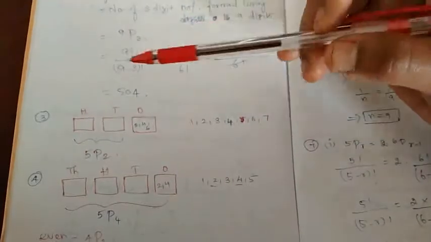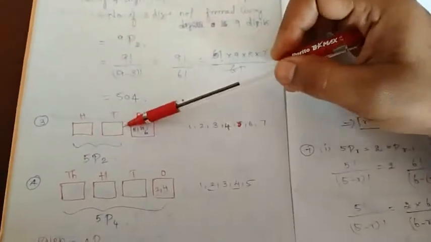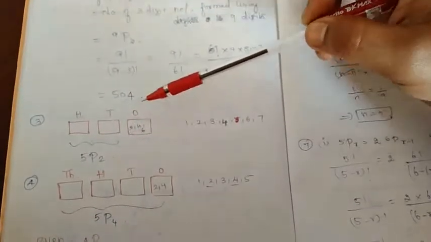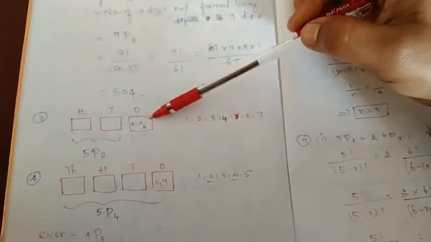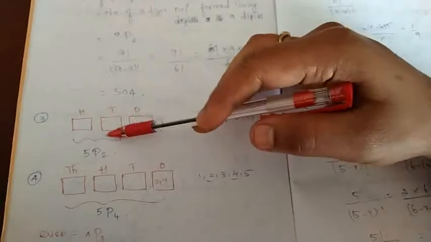And what is the possibility for the remaining 2 places? One place is fixed here, among these 3. Now out of the remaining 5, we have to choose only 2, which is nothing but 5P2.